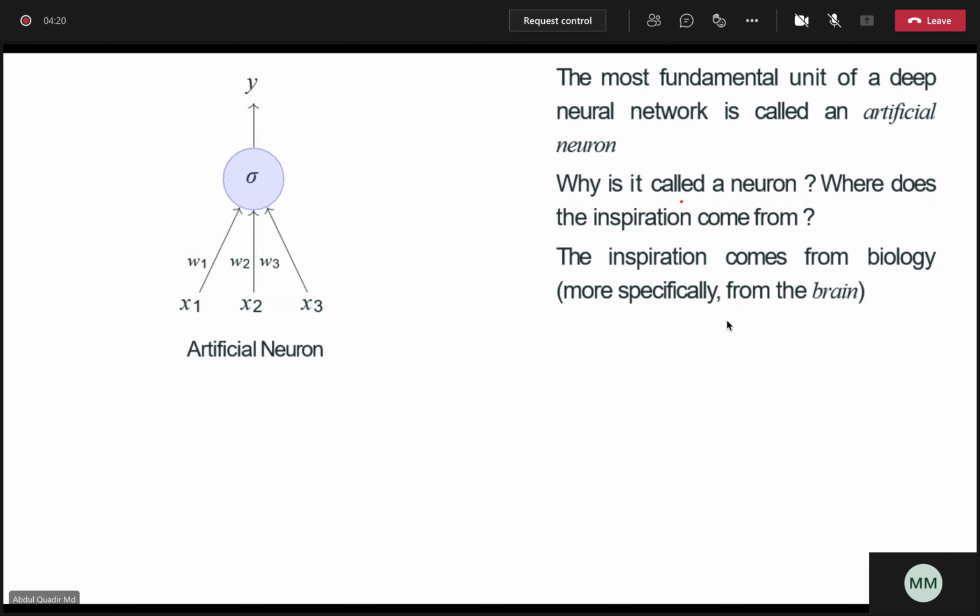Where does this inspiration come from? This inspiration comes from the biological term, more specifically from brains. How does our human brain receive multiple inputs, process the information, and tell our body to react? The same concept people want to implement in computers.